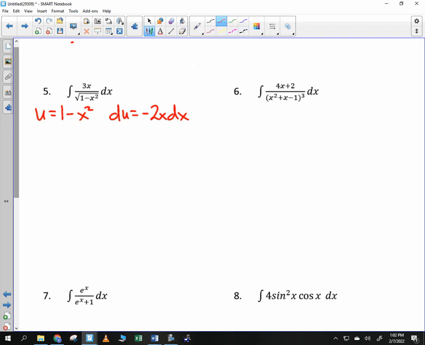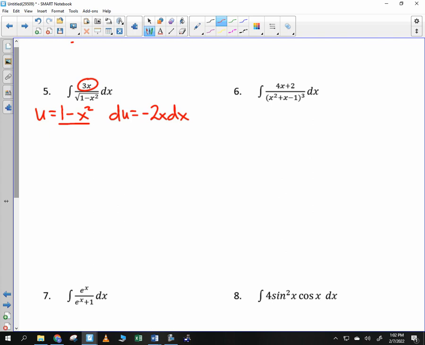When you choose u to be this guy, your derivative leaves you with an x to the 1st power. See that? This is the thing that's bothering me. I have an x to the 1st power. So I choose u to be something so that when I take the derivative, I'm left with an x to the 1st power. The 3 is of no concern to me. The constants we can play around with and get to go away, right? This x, that's the problem for me.